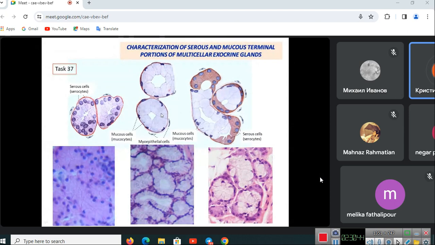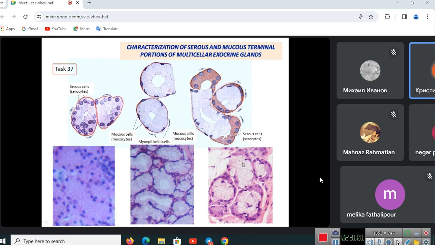They produce mucus. And finally, we have the mixed type of secretory portions, in which we have both cell types, mucus-producing and serous-producing cells. So this is how such a secretory portion looks like.